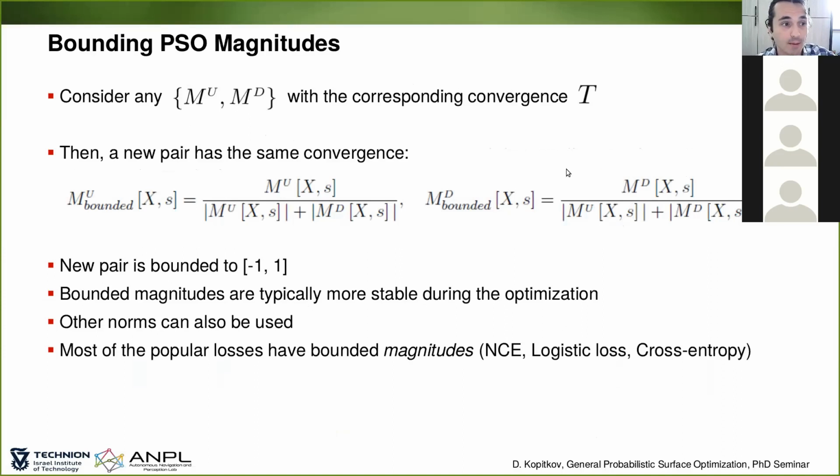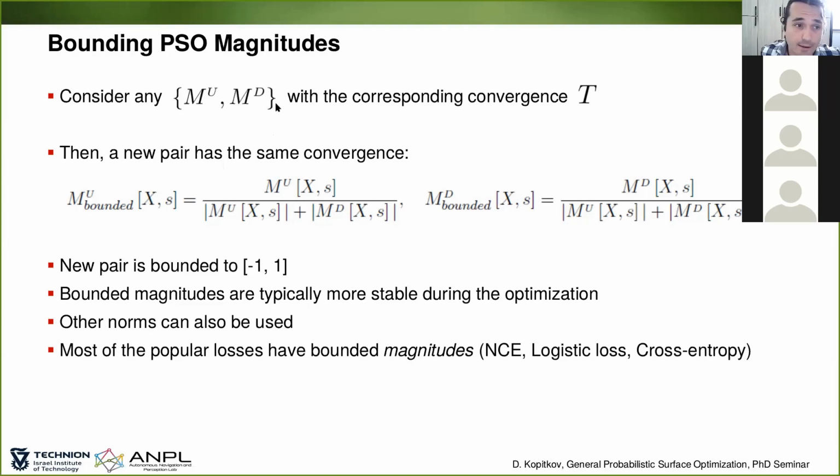But one property can be experimentally evaluated to be true, which is boundedness of magnitude functions. As we saw at the beginning, mu and md are involved in the gradient of the loss. So if they output some very large values, it can create a very large gradient, which will make the optimization unstable.